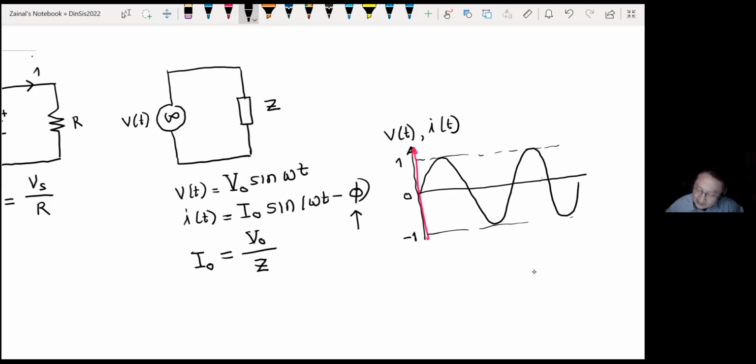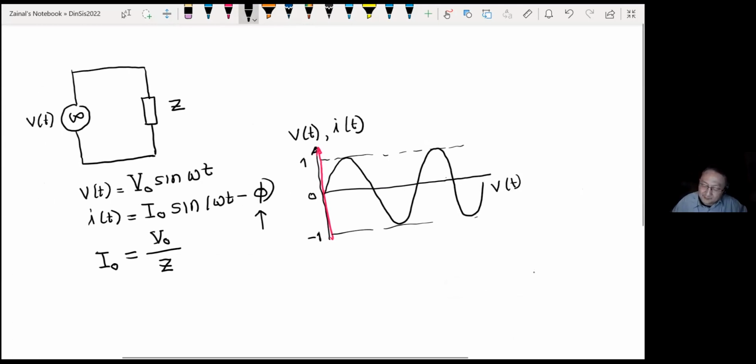Sinusoidal, something like this one, right? This one is V(t), and this one is the amplitude, V0, the amplitude of voltage. Then the current will be something like this one, right?